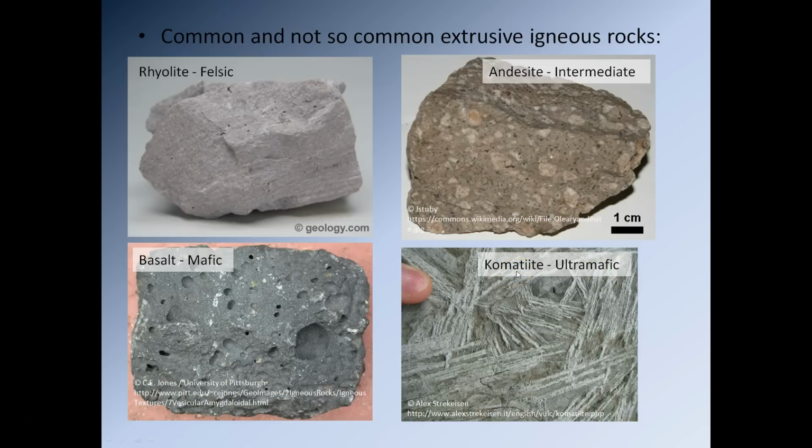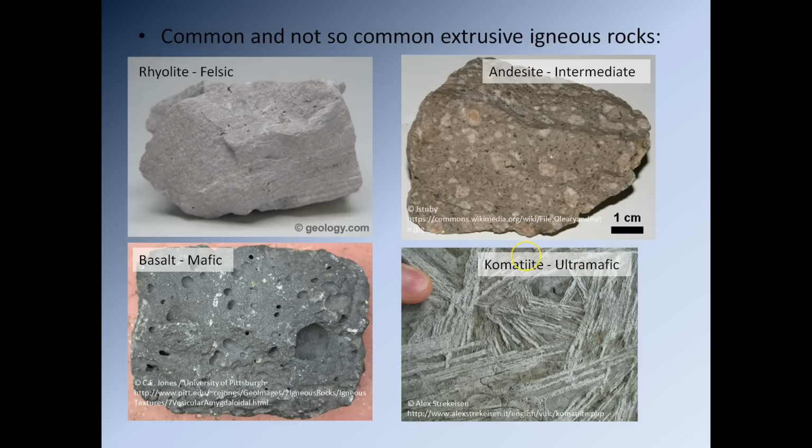Now, just to be clear, komatiites don't actually form anymore. The last komatiite was erupted probably somewhere in the region of around 1 billion years ago. And that's simply because you can't produce ultramafic magmas in a large enough volume anymore to actually make it to the surface. Because as I said, approximately 90% of all the magma produced will never make it to the surface.